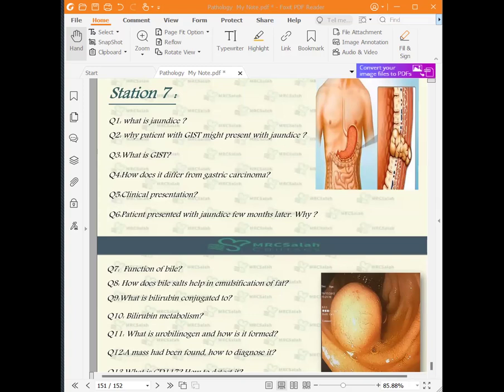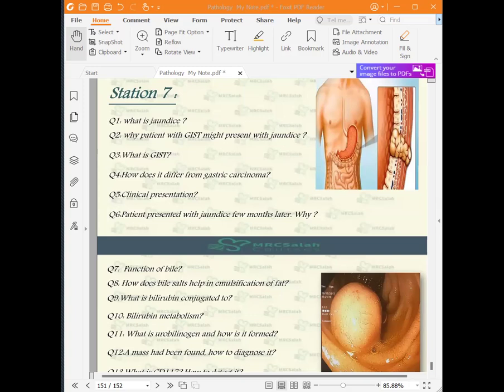How does it differ from gastric carcinoma? GIST arises from mesenchymal origin, from the interstitial cells of Cajal.